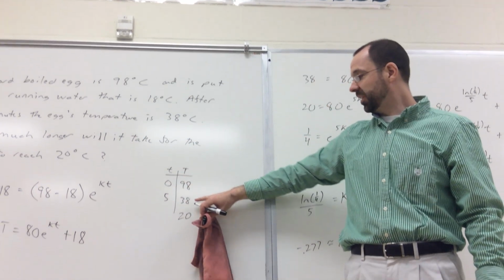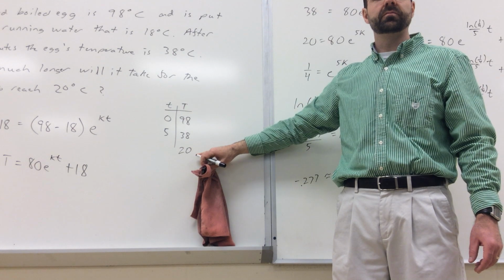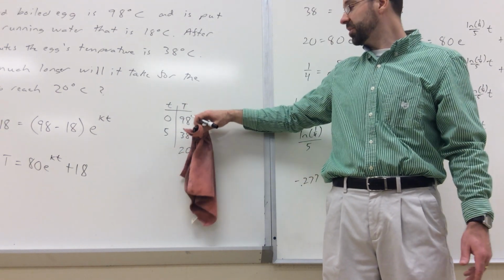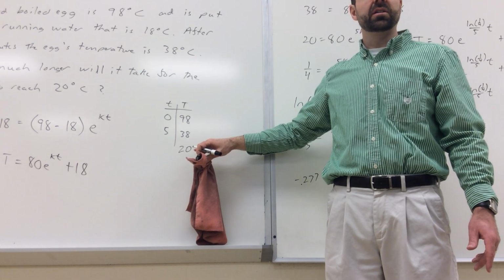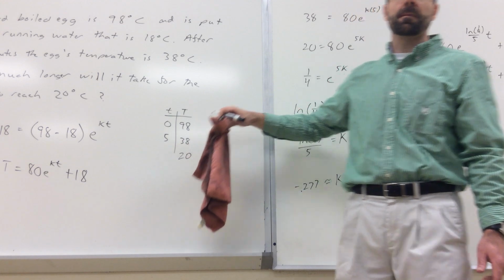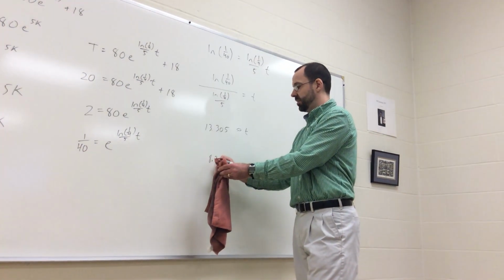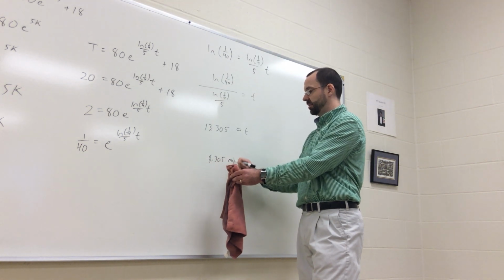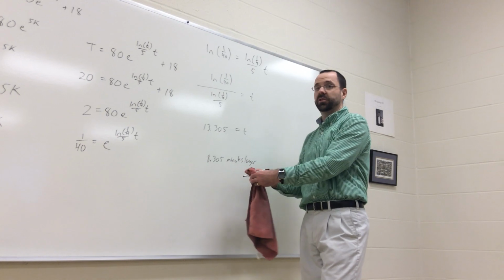Because it said we did this, and then the question was, how much longer from that? 13 is how much time it is from 0. But the question, how much longer, is how much time from this. Not that big a deal, but 8.305 minutes longer is our final answer.